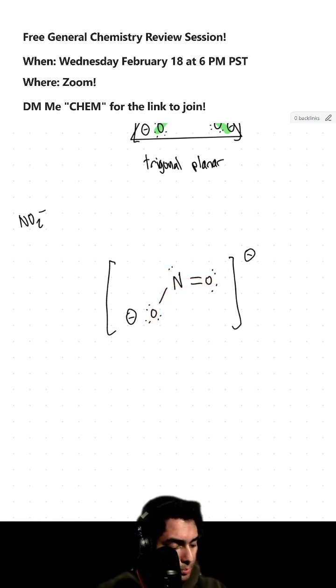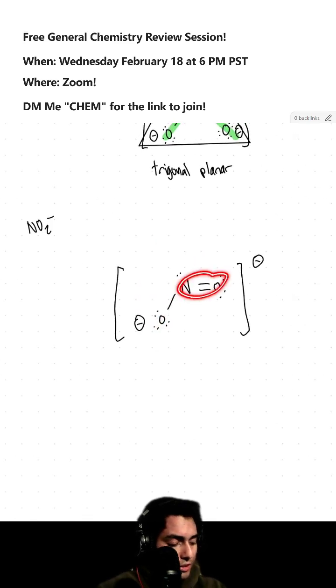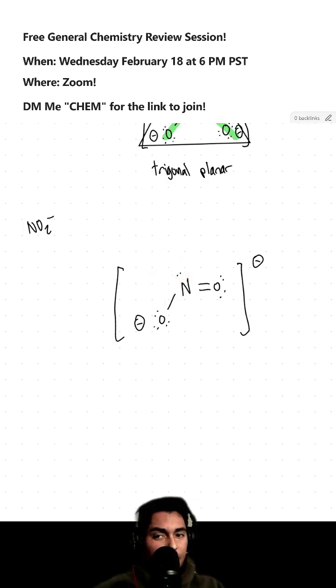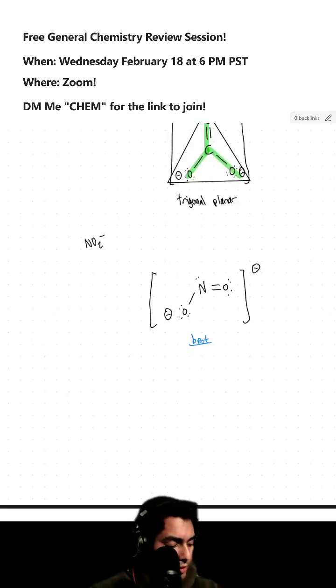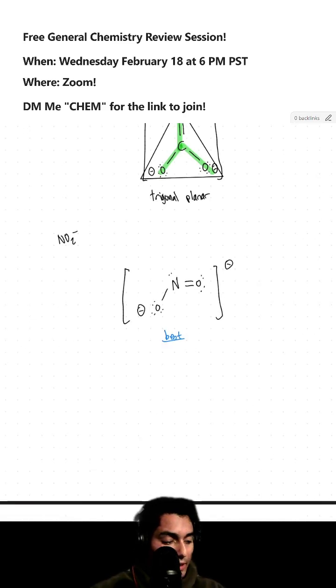The reason it looks like a boomerang is because this electron pair is pushing it down. This one is rigid, it can't be pushed down, so this one is pushing this one down. So the name of this is called bent. It's called bent because it's kind of pushing it down.